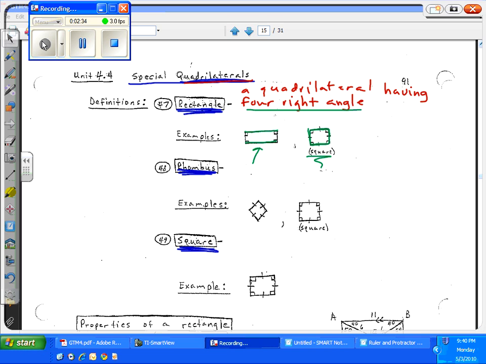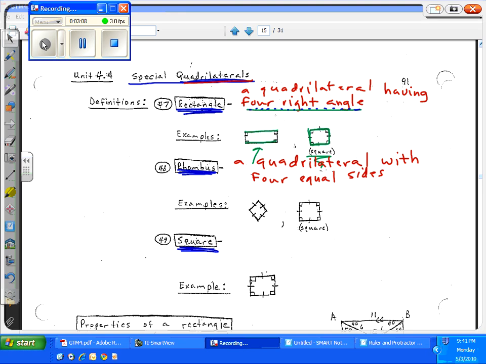A rhombus, by definition, is a quadrilateral with 4 equal sides. Now, I said that wrong a while ago, didn't I? I said equilateral quadrilateral.